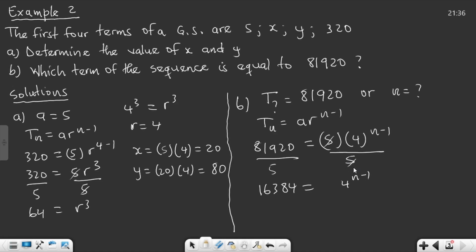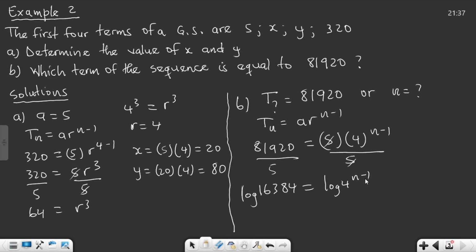Okay, now we need to drop our exponent. This exponent, we need to drop it down. How can we do that? And we have a big number on the left side. We can't break this into exponent. It's so big. So what we do is to introduce log on both sides. So you're going to introduce log on this side and log on this side. Can you see that?